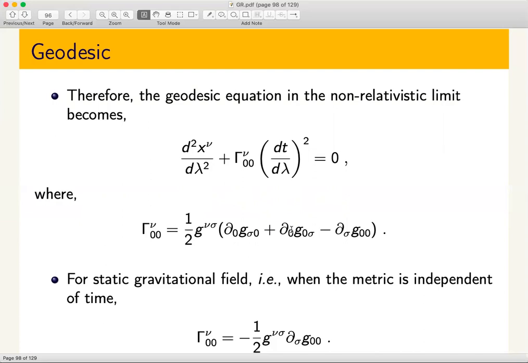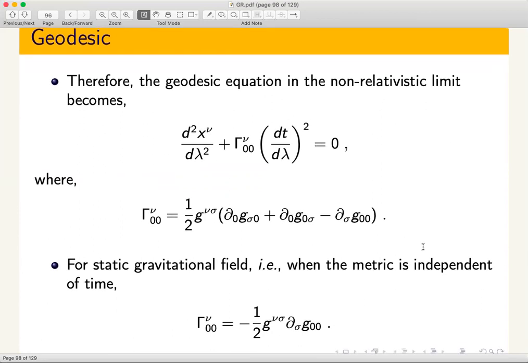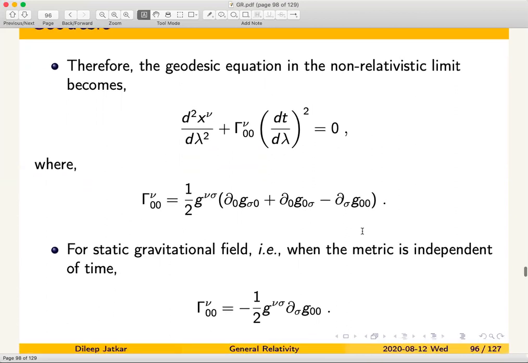You may want to consider the non-relativistic limit of two gravitating bodies moving and influencing each other, in which case the gravitational field would be a function of time, but we will not do that right now. So if you choose the metric to be static, time derivatives vanish, and gamma nu 0 0 simplifies into this expression, just minus half times this last piece.